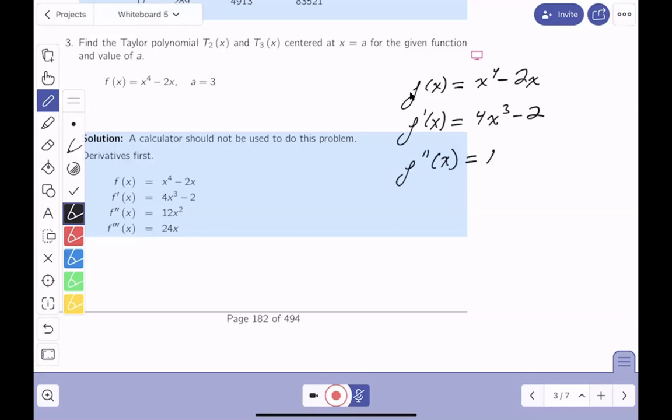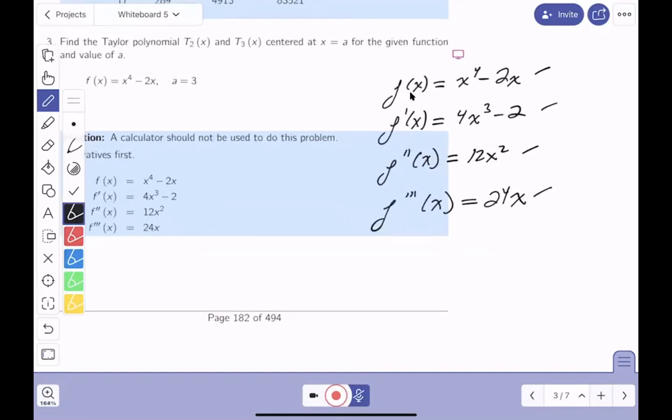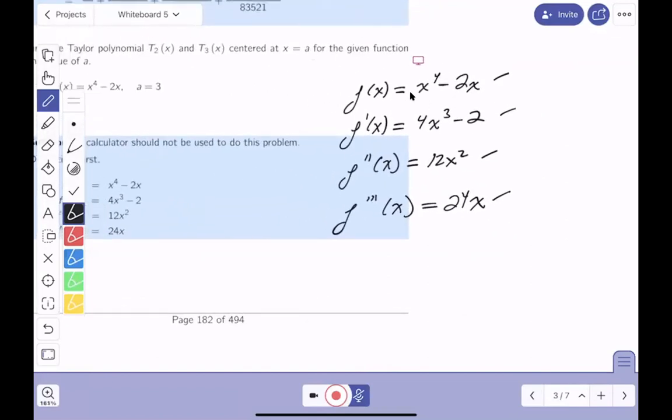Well, you get 12x squared. Then I'll do the third derivative. And what's that going to give you? 24x. Again, if I were doing homework, the next thing I would do is just check to make sure I got the right derivatives. And I'm looking at them right now. I did pretty good. Which things did I do? I got to evaluate those things at the number 3.